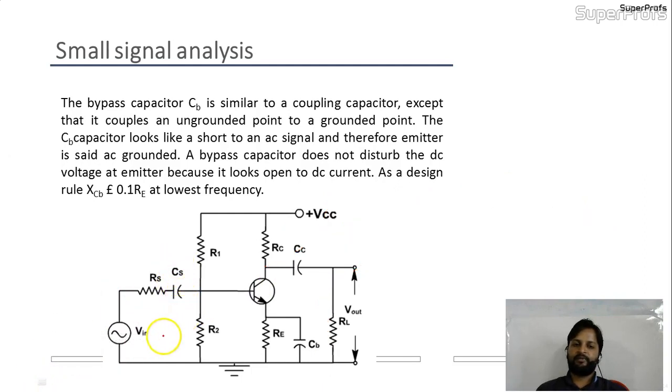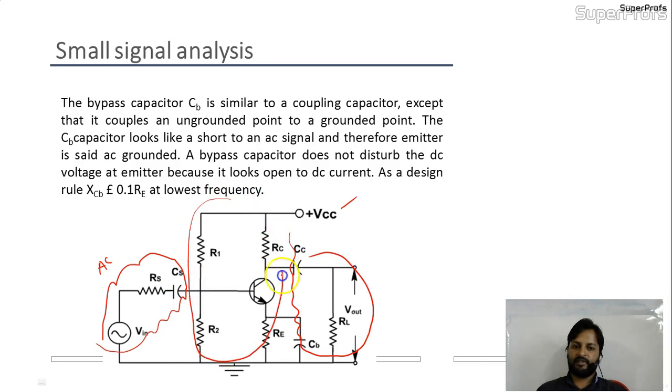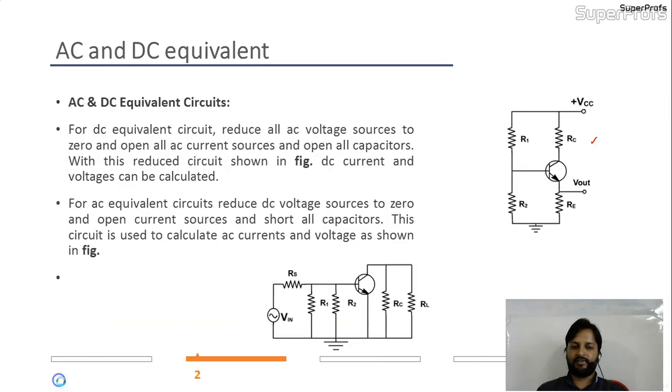We are removing this part because this is the AC part. If you remove the capacitor, the RS will be useless. VCC will be here as it is. This capacitor will go out, so it will remain with this one circuit only. So you can see here your circuit is just similar to that one.